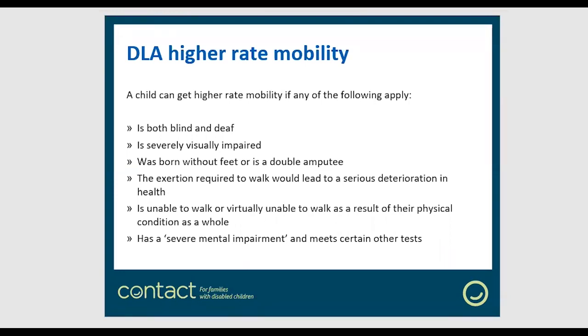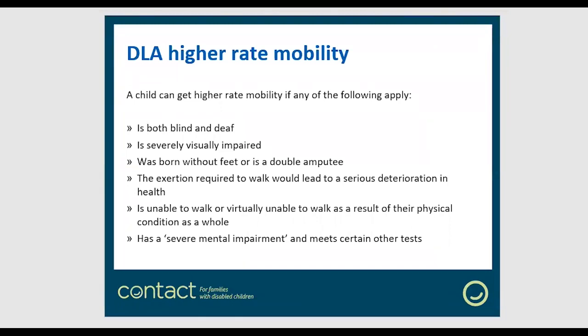There's then a group of children who qualify based on proving that they meet certain tests. One small group are those where the exertion required to walk would lead to a serious deterioration in their health. This is generally quite a small group, with very severe health conditions like a lung condition or a heart condition.